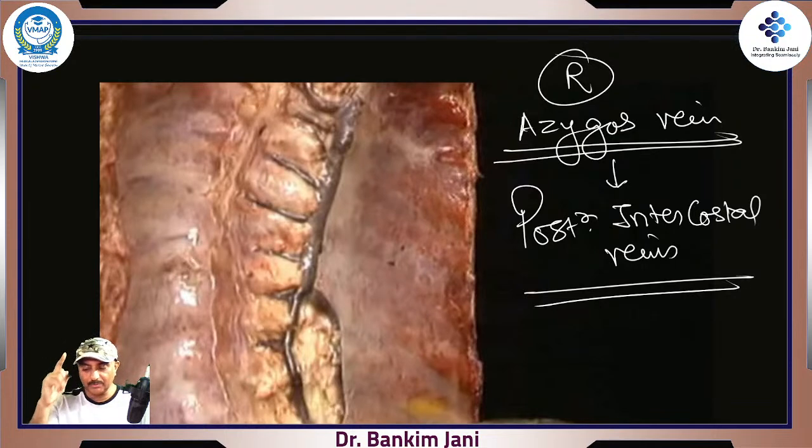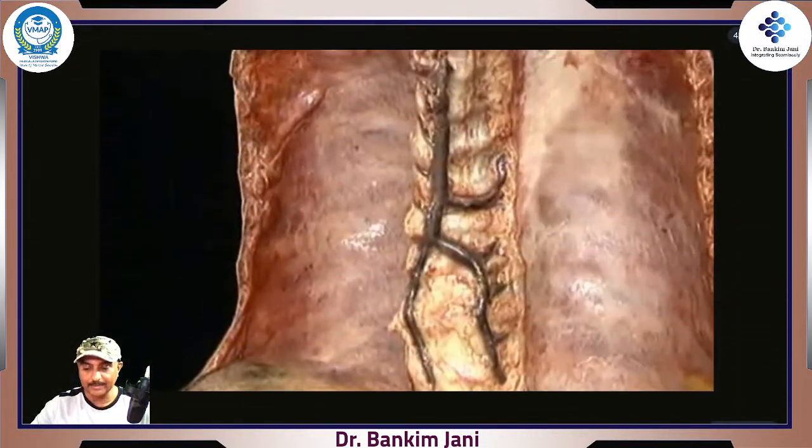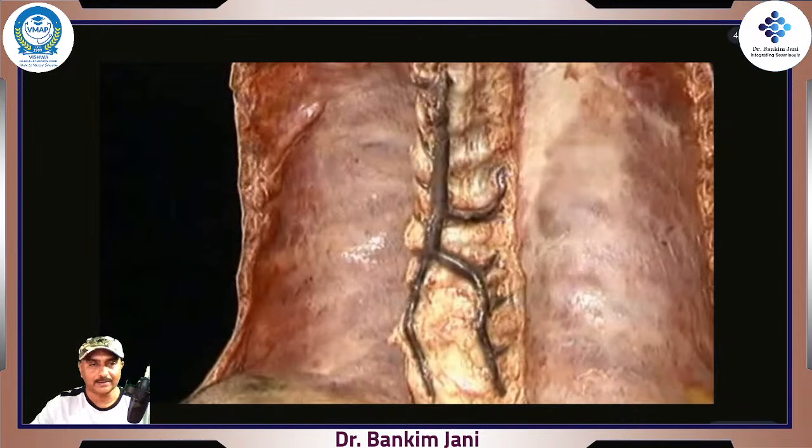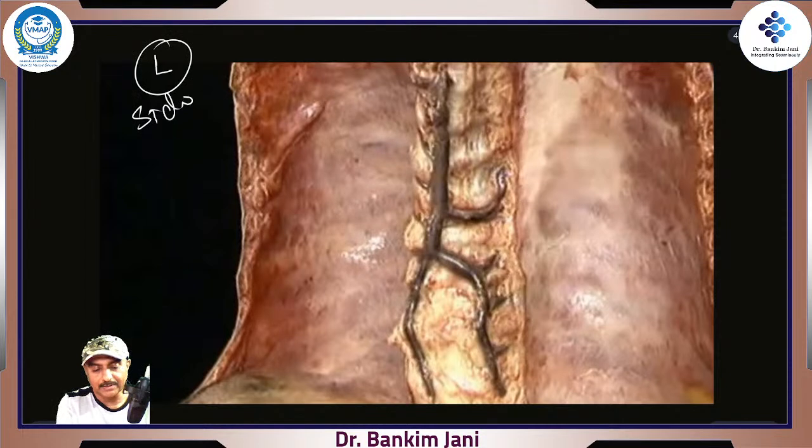So we talked about those arteries. Those arteries were coming from the descending aorta, correct? And this azygos vein is giving these intercostal veins. And this one, this is the left side. Just from the structure itself, we can make out that this is the hemiazygos and the accessory azygos.